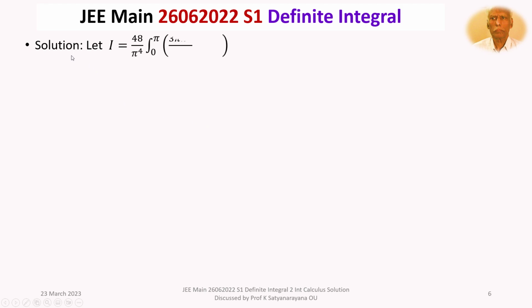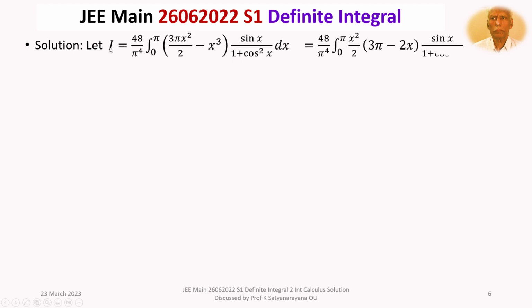We now discuss the solution of the problem in detail. Let us denote the given integral by I. I is equal to 48 by pi to the power of 4 integral 0 to pi, in brackets, 3 pi x square by 2 minus x cube, multiplied by sin x by 1 plus cos square x dx.